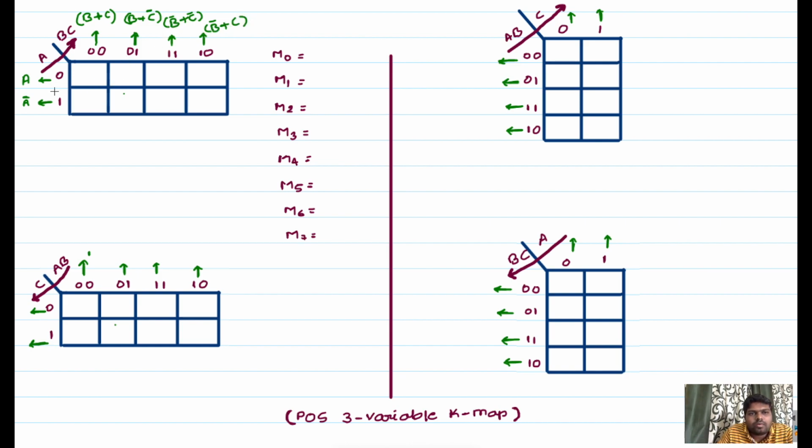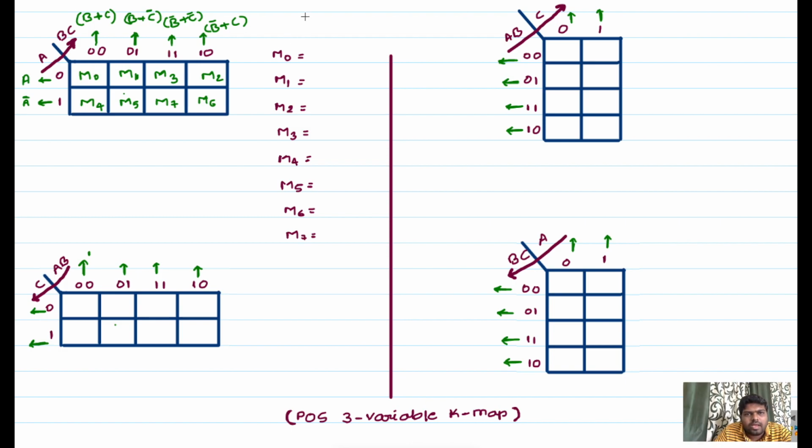Now we can indicate the numbers in these square boxes. Here the arrow mark is indicated in the upward direction, so I will move from left to right. Here I am taking M0, M1, and this one M2, M3, capital M because of product of sum, M4, M5, M6, M7. Now you can indicate each square box with its variables.